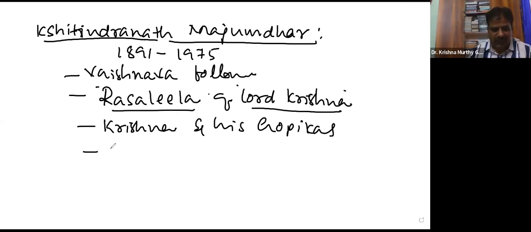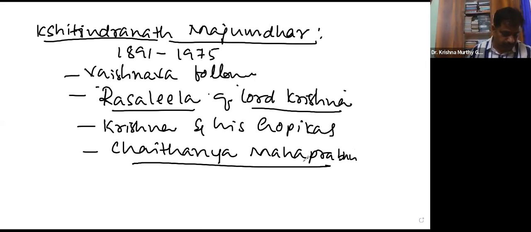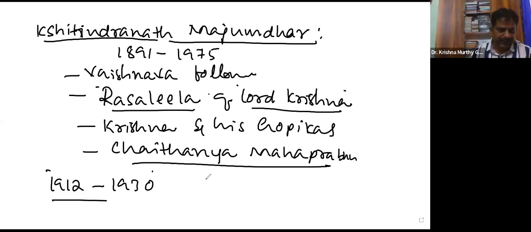Next, images of Chaitanya Mahaprabhu of Bengal. This is the popular painting of this period, in concern with these developments, since 1912 up to 1930.